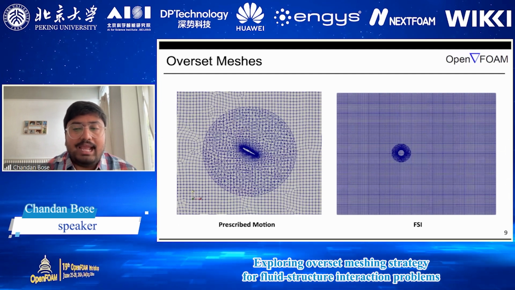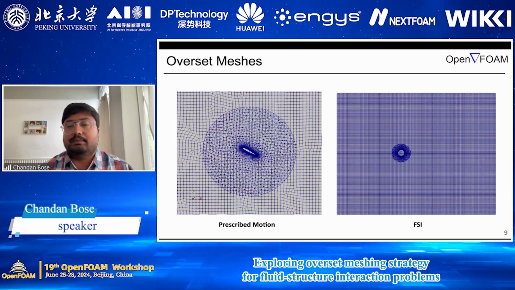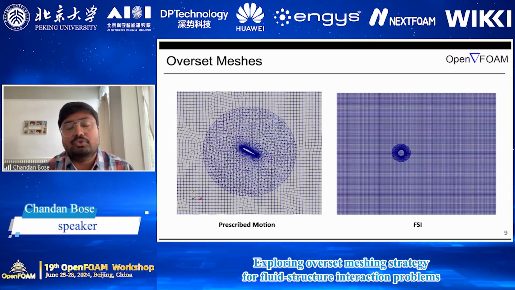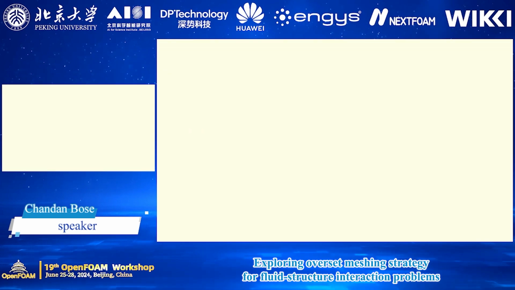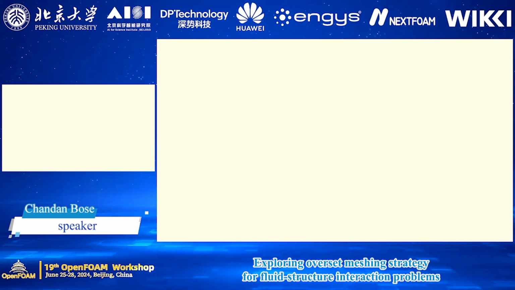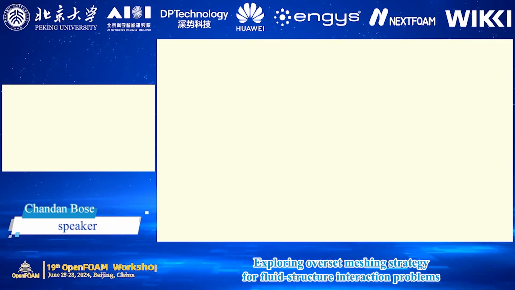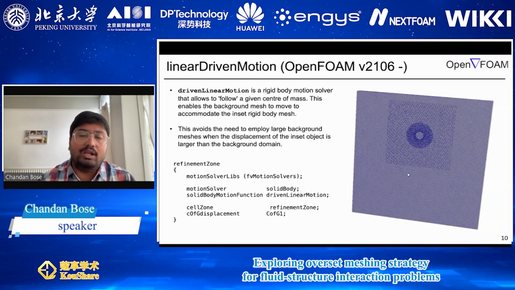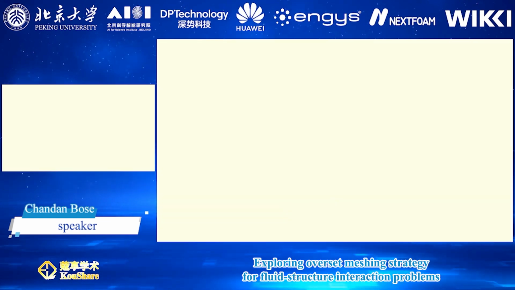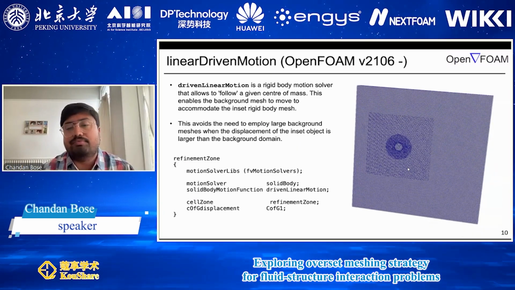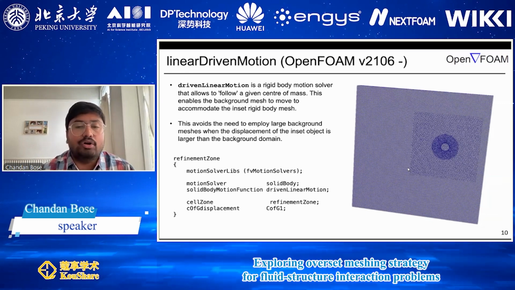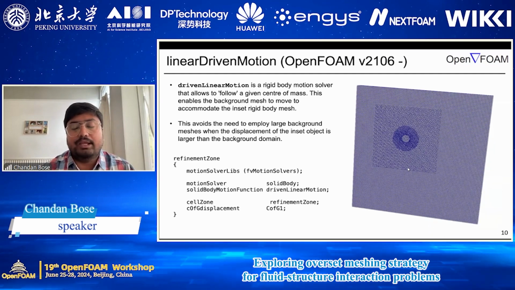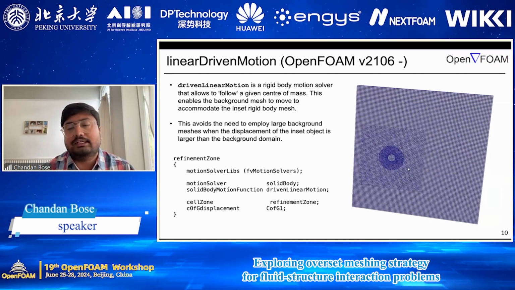Now, when we use this overset meshing technique, one very useful technique in this case is the linear driven motion. We define a refinement zone around our moving body of concern, and then stick it to the center of mass of the body, and it can follow our body of interest in a linear translation fashion.